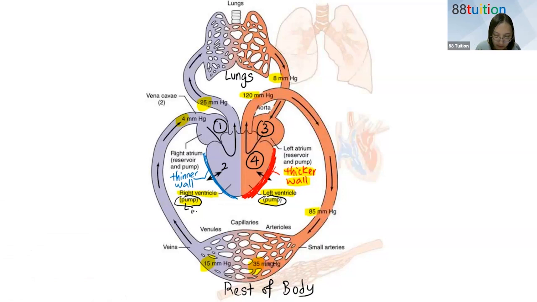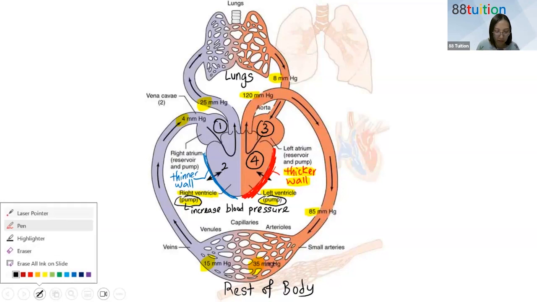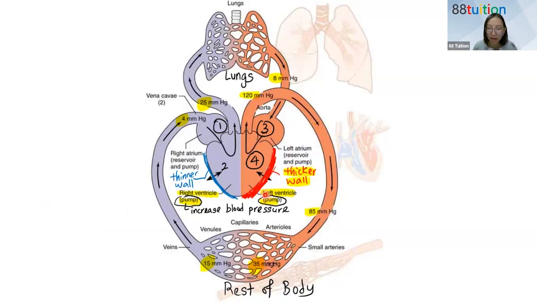It will increase the pressure of the blood. Right ventricle is a pump, left ventricle is a pump. Both will increase the blood pressure.